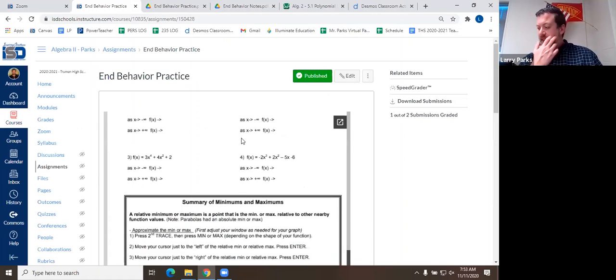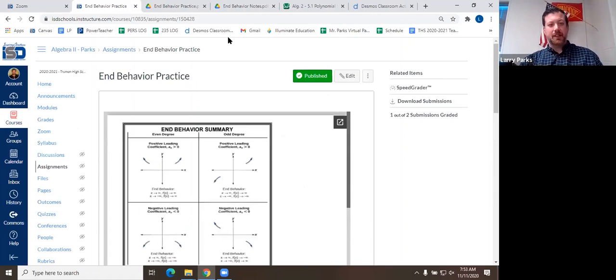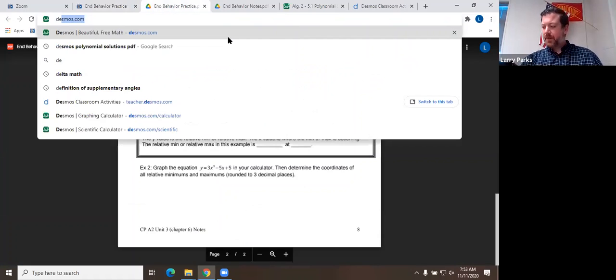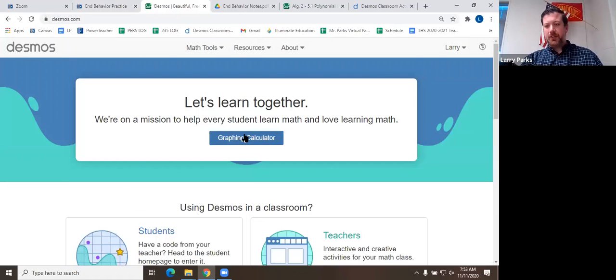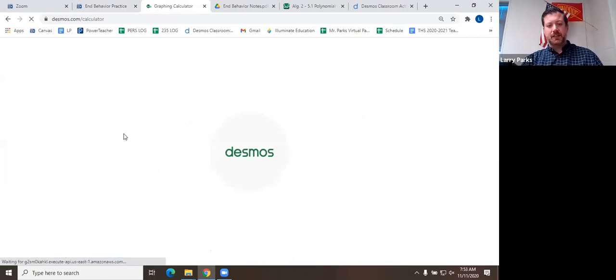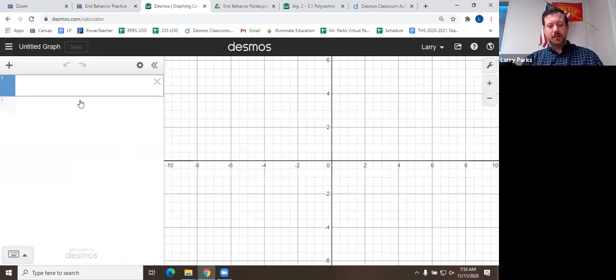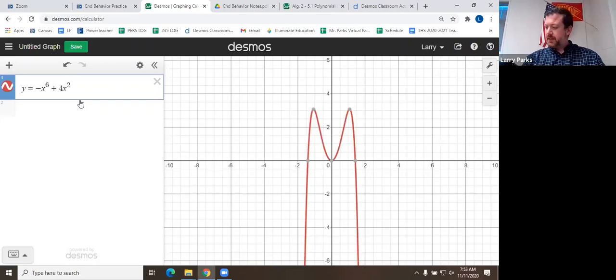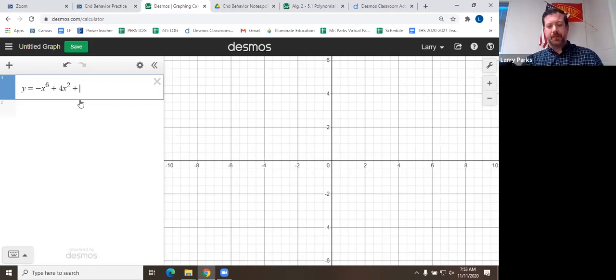And then one thing you could do is if you go to Desmos, I'll type the one we just did together in. It was negative x to the 6th plus 4x squared plus 2.